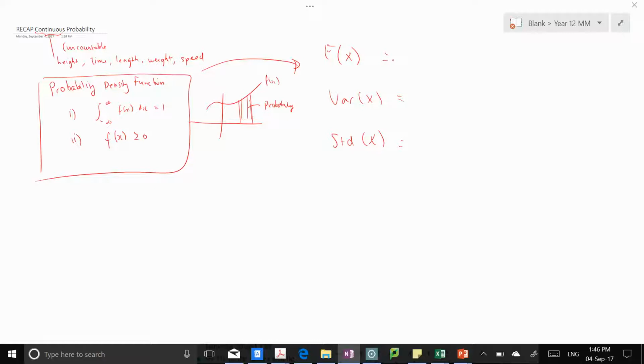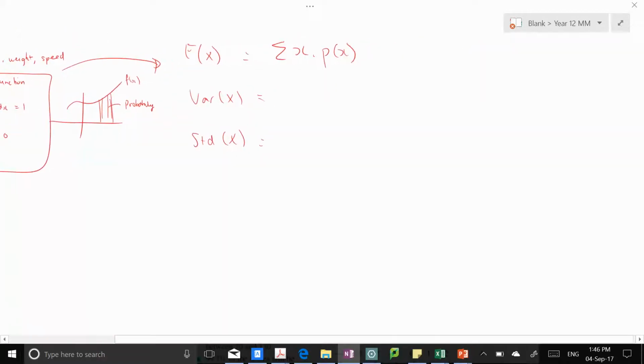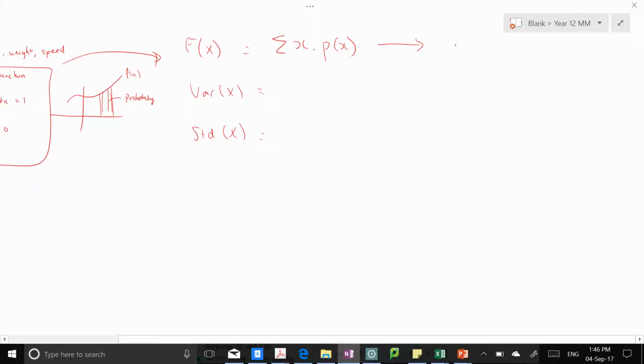How do you find your expected value? What's the theory for the expected value from chapter 13? Fantastic. Sum of x times the probability is what you learned from chapter 13. So linking this to chapter 15, what is the formula for E of x?